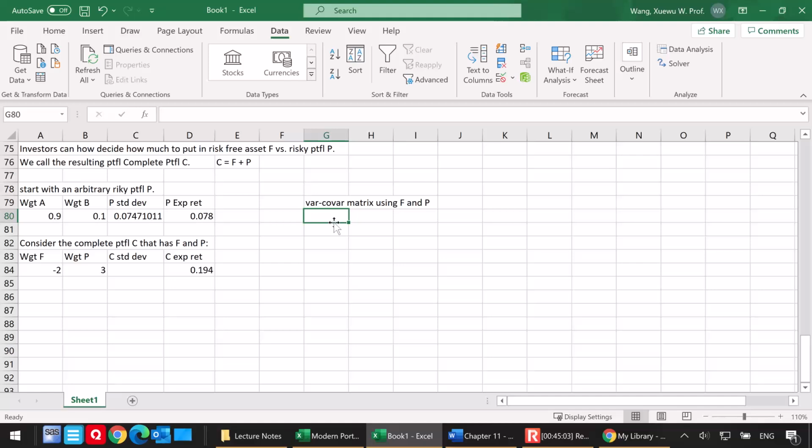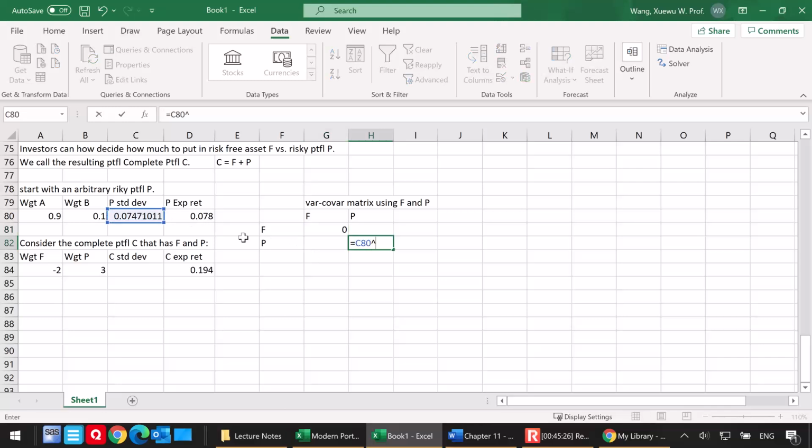So let me do F and P and F and P. This is a very interesting variance covariance matrix because this entry is 0, as it's risk-free, and this is the variance of the risky portfolio, the standard deviation squared.